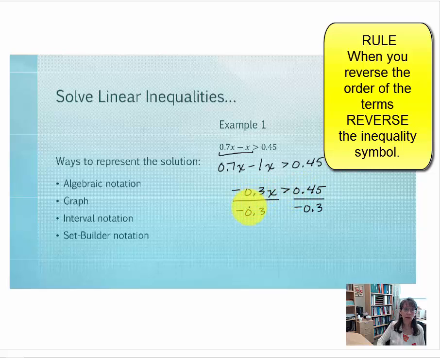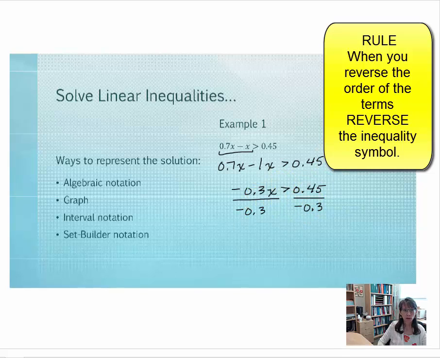When you divide by a negative number or multiply by a negative number, that will reverse the inequality symbol. So now that we're familiar with that rule, we're going to automatically change that inequality now to less than. We can reduce, and we have x is less than +0.45 divided by a -0.3 is -1.5.